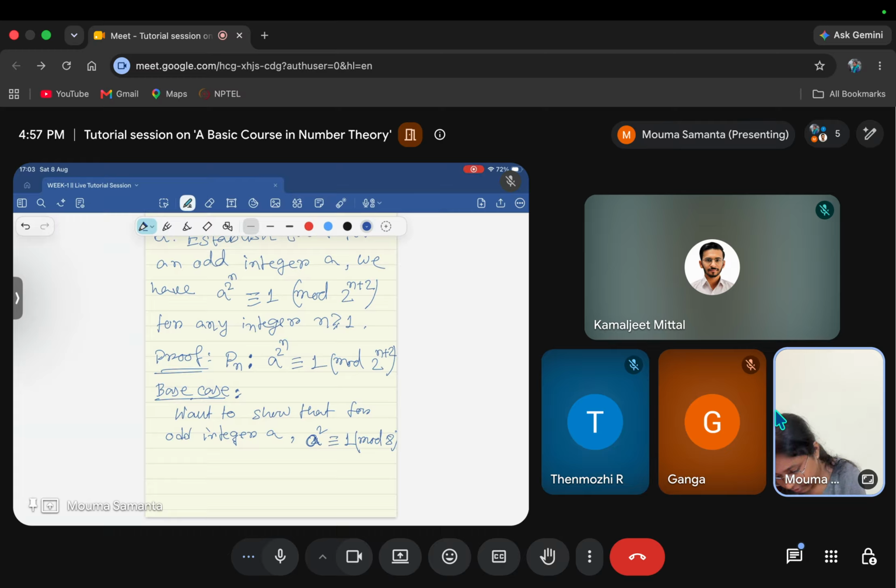Since a is odd, a can be one of the following forms.